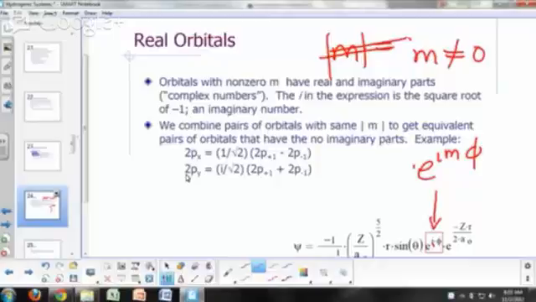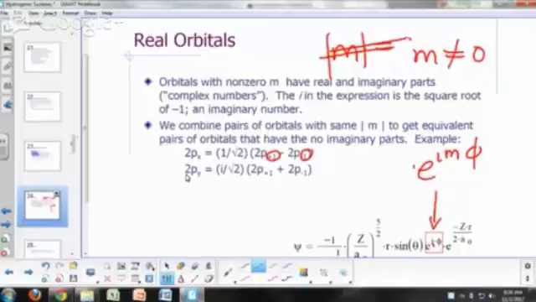What you can plot is the absolute value of psi, or you can plot the real component of psi and the imaginary component of psi. Or to make things easier, what we do is we take linear combinations of functions that have the same m, so 2p plus 1 and 2p negative 1.